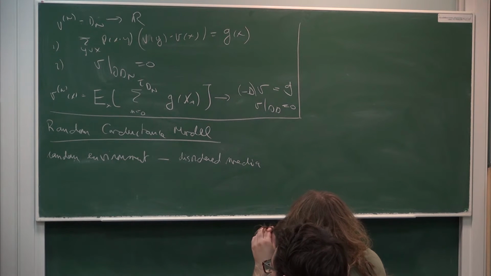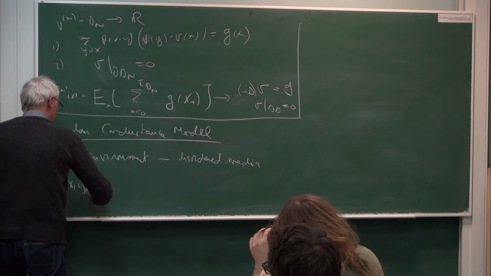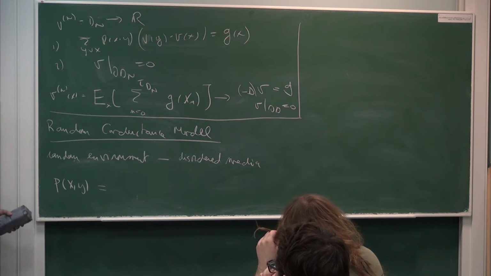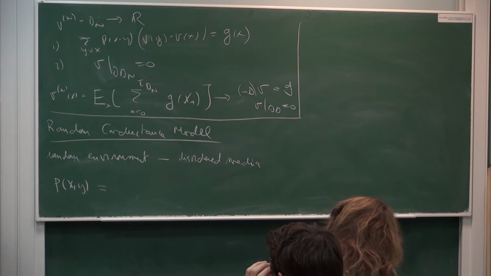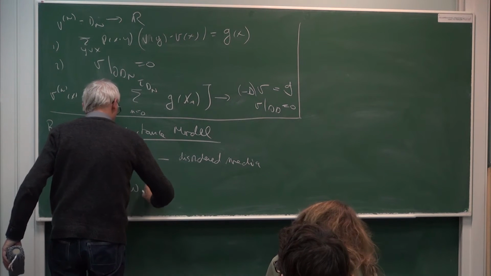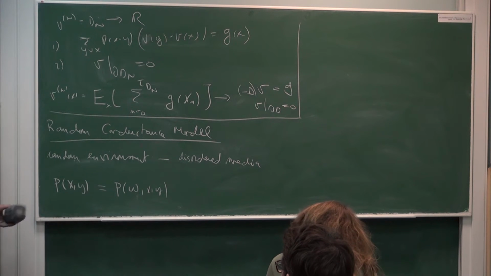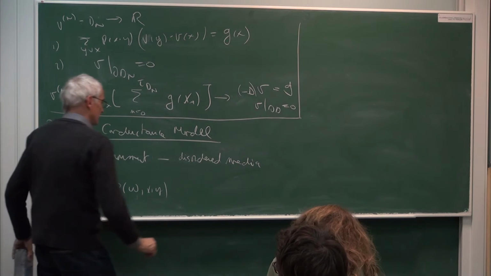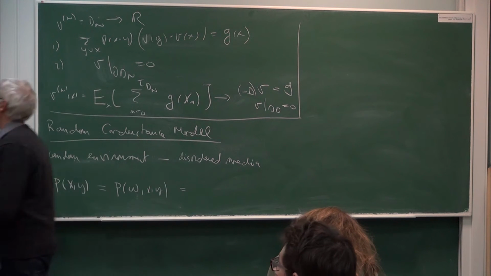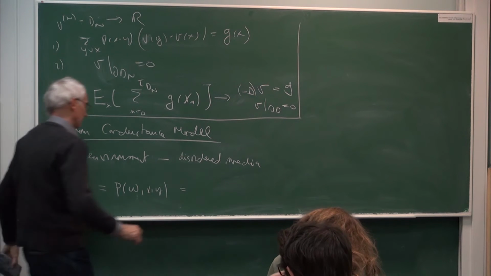So in other words, what we will have is that instead of having p of xy, we have now a random variable. So the transition itself is random. So I'll put a p of omega of xy. And typically what you would choose is that this guy here has the same type of translation invariance that we have, but in terms of the randomness.